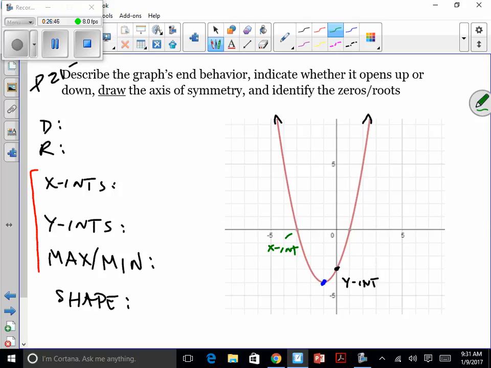Table 3, give us the y-intercept. And then table 4, you can give us the minimum. Sorry about that, it's really small picture things. First x-intercept, second x-intercept, y, and the other.